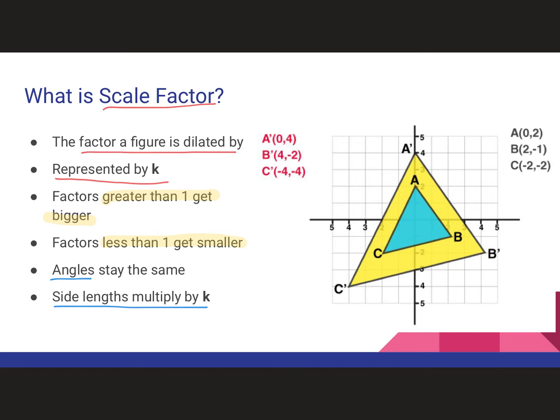So here, K equals 2. You'll notice that if I multiply 0, 2 by 2, I get 0, 4. If I multiply 2, -1, I get 4, -2. If I multiply -2, -2, I get -4, -4. You just multiply. That's why it's called a factor.